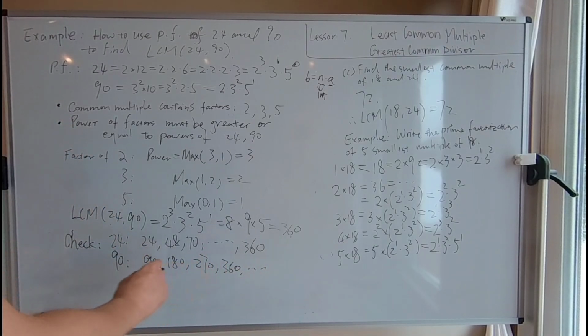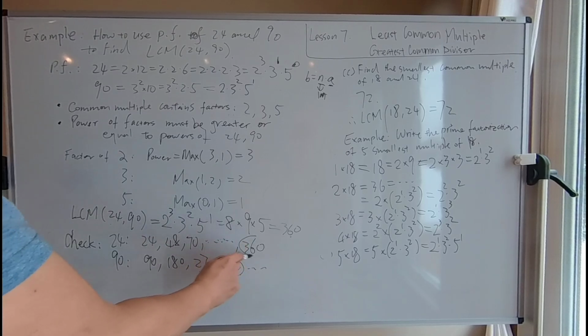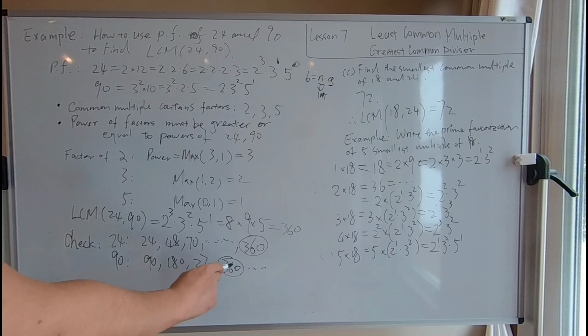So 90 doesn't exist over here if you keep writing, 180 doesn't exist here as well, 270 doesn't exist over here, so 360 is the first multiple from the two lists, the first multiple in common, so that it's the smallest or the least common multiple.